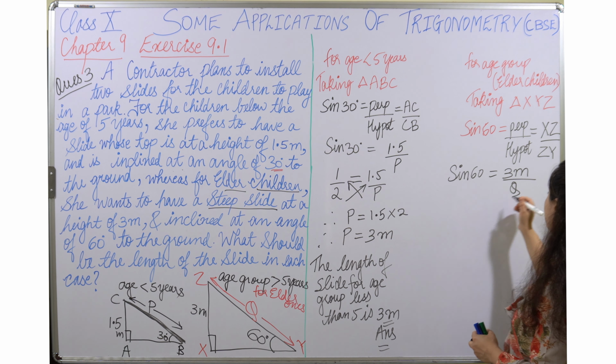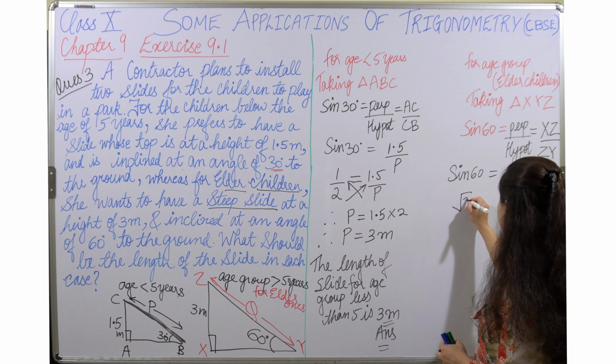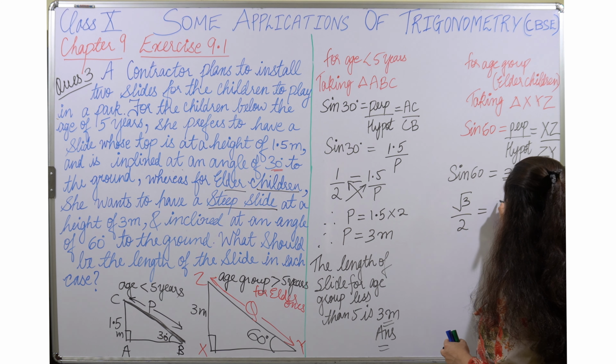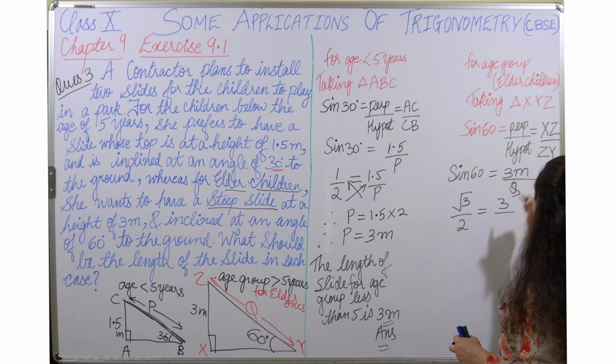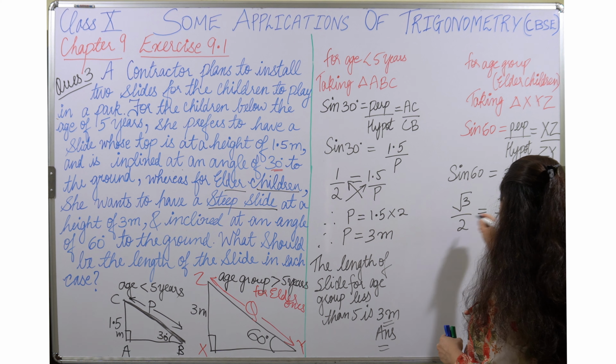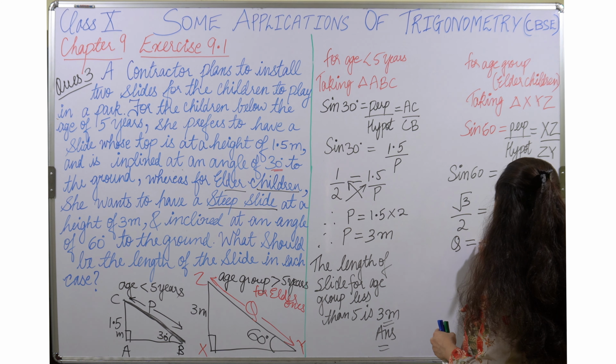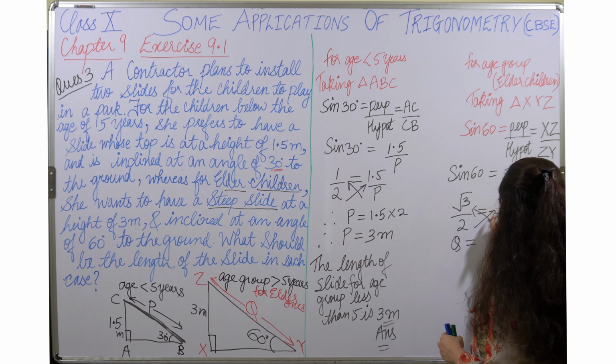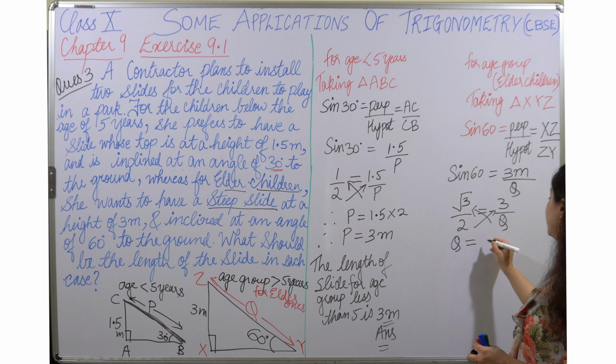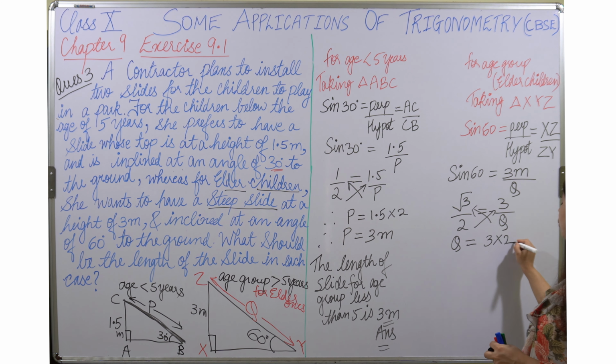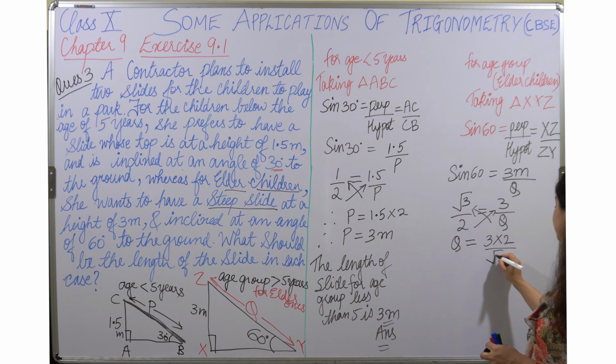Okay, so sine 60 is root 3 by 2, which equals 3 upon Q. So after cross multiplying we'll be getting over here 3 into 2 upon root 3.